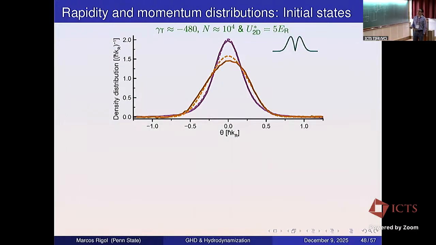Good, so now I can show you the comparison for this Tonks-Girardeau case between the theory and the experiment, both for the momentum distribution function and the rapidity, and they are very close. Potentially some part of the DDI is playing a role in stabilizing those scar states, but that's it.